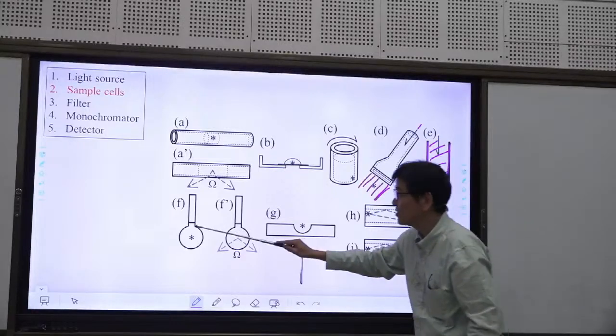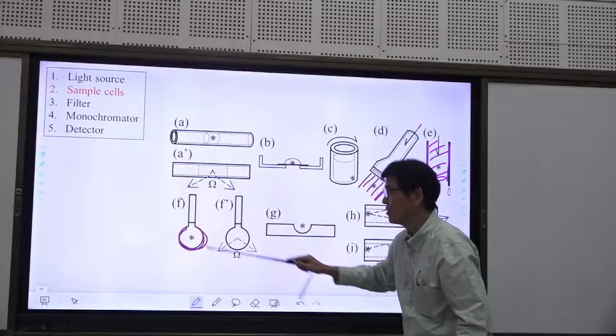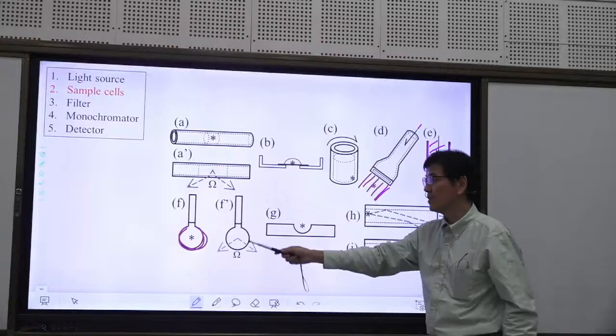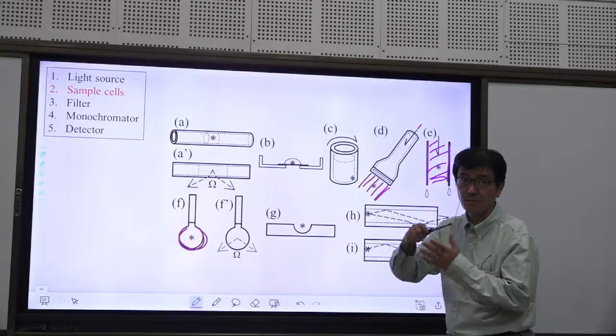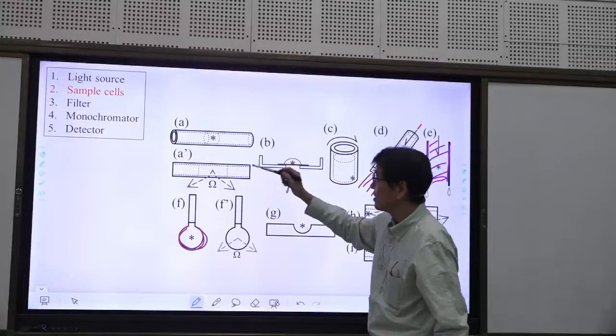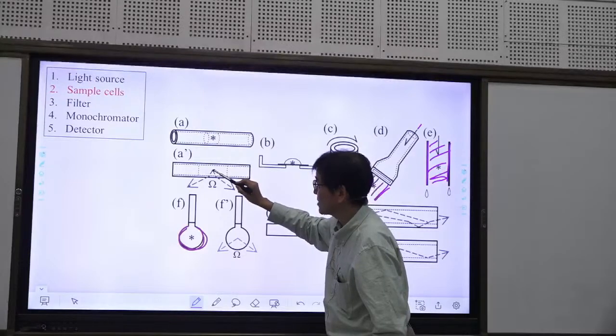If we use this kind of round bottom cell, then it is advantageous to get a larger signal. So this is capillary, and refraction occurs at the interface of the glass and air.